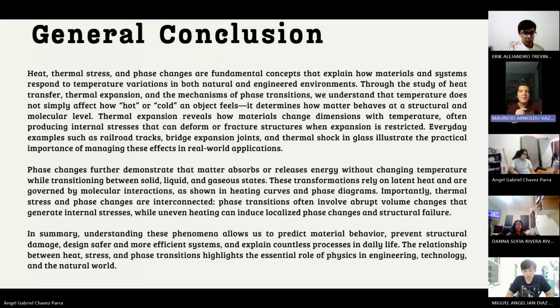In conclusion, thermal stresses and phase changes are a fundamental concept that explains how materials and systems respond to temperature variation. Through the study of heat transfer, thermal expansion, and the mechanisms of phase transitions, we see that temperature does not simply make an object hot or cold.